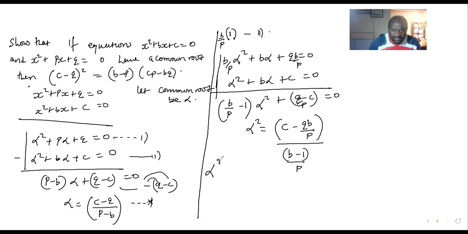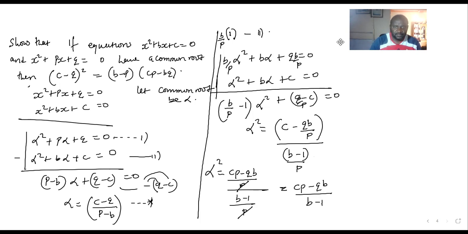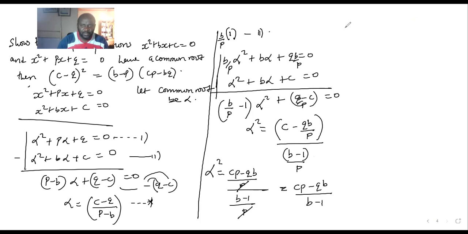You see that alpha squared actually becomes cp minus qb, all is over p, divided by b minus p, all is over p, and the p can vanish. Finally, this becomes cp minus qb, all is over b minus p. If that is alpha squared, we have eliminated everything.